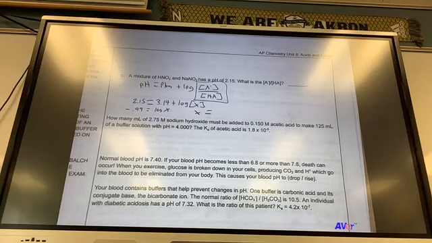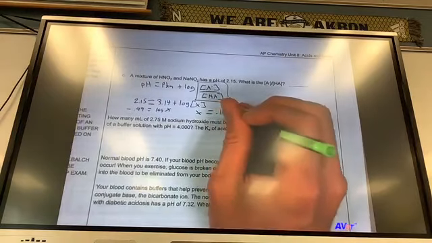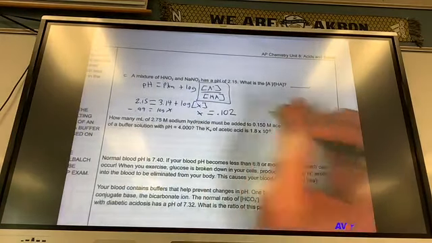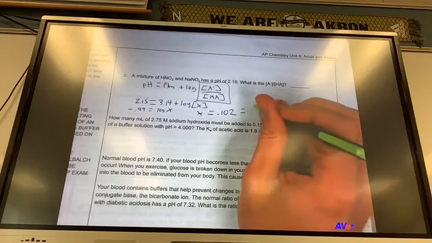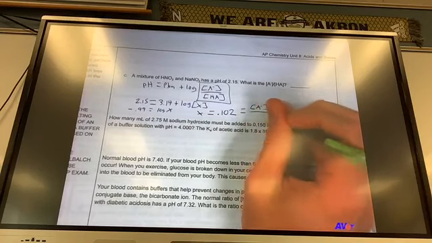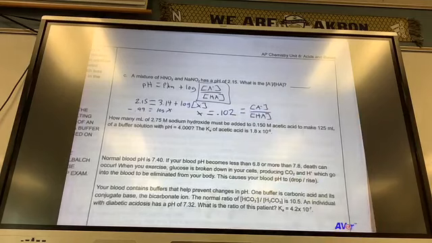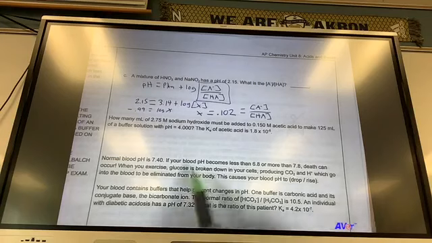So I think you're off by a log somehow if you had 10. 0.102 equals my concentration of A minus over my concentration of HA, which would mean how much of this has dissociated? 10%, right? Yes? So that's what we're saying here.